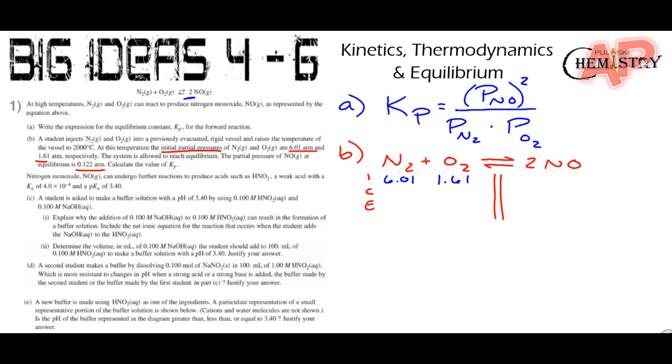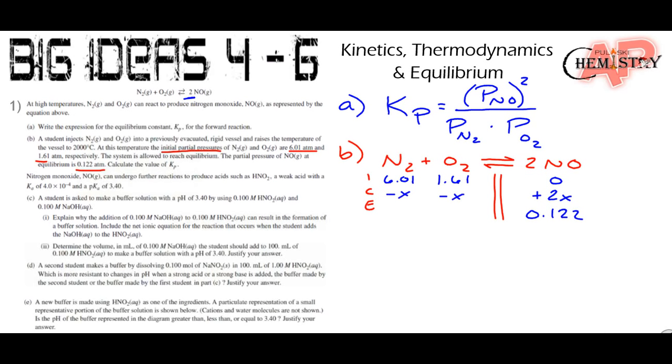What is nice is that you can use pressures in an ICE box: pressures, moles, or molarity. I don't have any of my NO, but then it says at equilibrium I had 0.122. So the change is based on the coefficients.